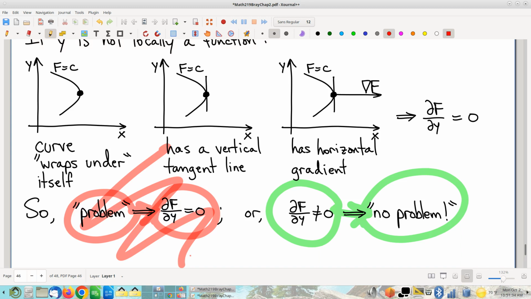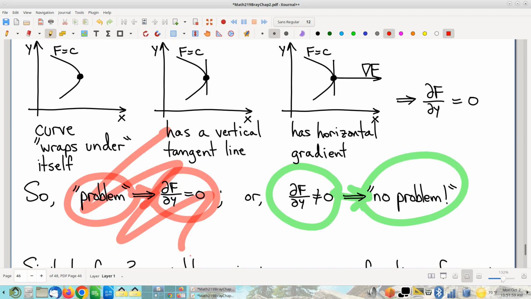I can compute a really easy partial derivative. I can look and see if it is or isn't 0. And if that checks out, in particular if it's not 0, then I get to conclude that there is no problem, that y is a function of x. I am absolutely at liberty to talk about dy dx because y is, locally at least, a function of x.